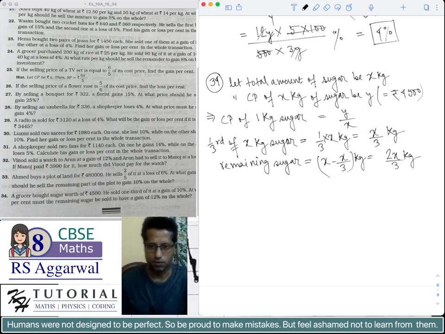Now 1/3 of the sugar, that is X by 3 kg of the sugar, was sold at a gain of 10%.